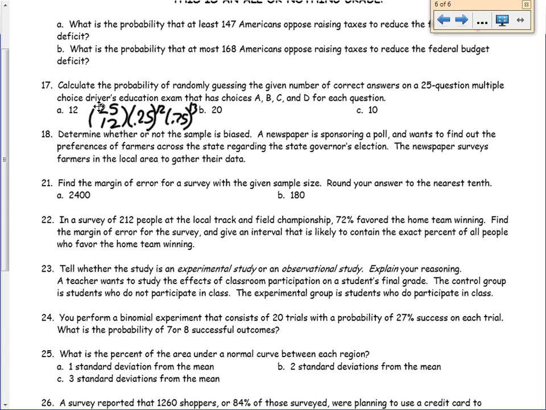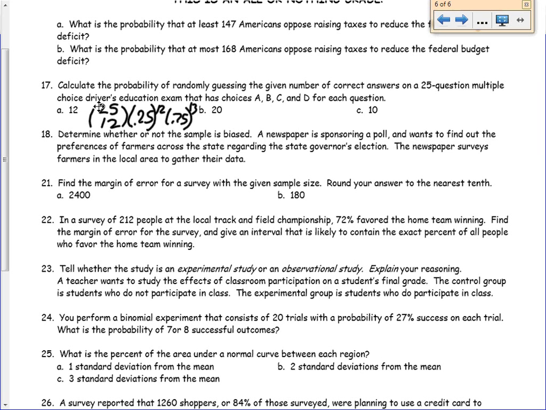So 0.7%. Look, move the decimal 2 places. 0.7%. That's the probability of just dumb luck guessing and getting 12 right. Is that going to happen very often? No, not very often. If I passed out 25 multiple choice tests to 100 students and said just guess, maybe less than 1% of the time, maybe one person would get 12 right.